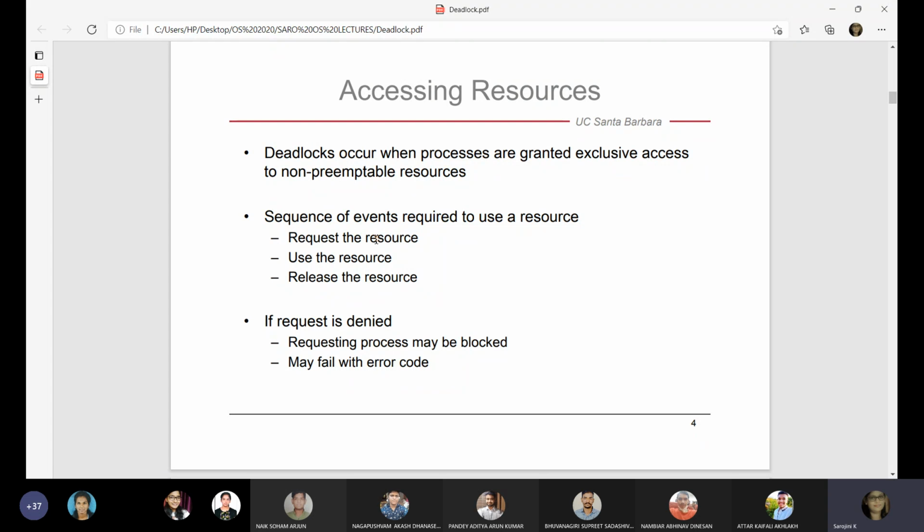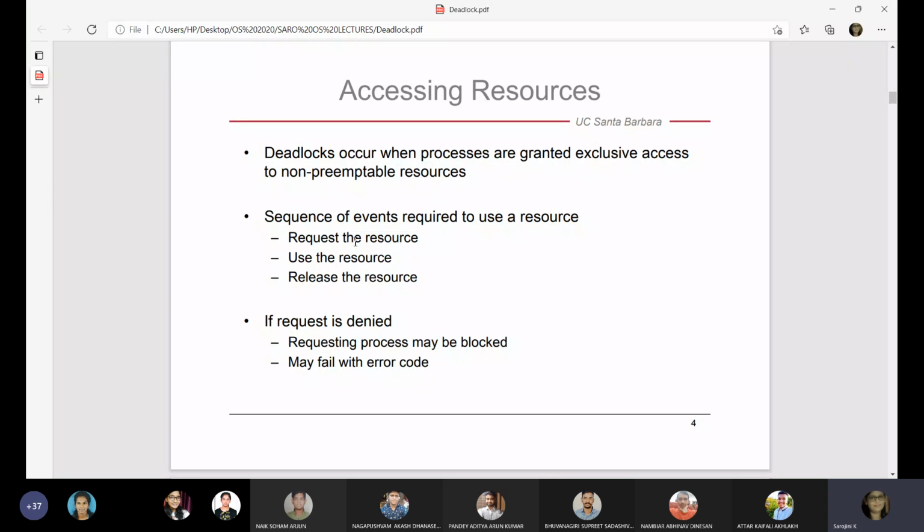Remember, the first step is what? Now there is a process P1. It wants to use one particular resource. What are the steps the process should follow to acquire that resource? First, it has to request the resource. But when it is requesting the resource, it will not always be immediately allocated.